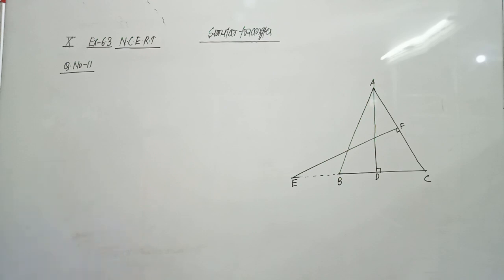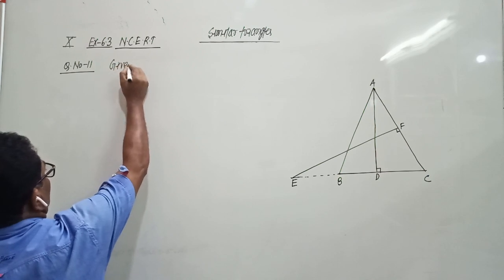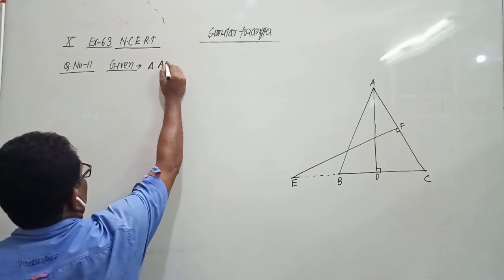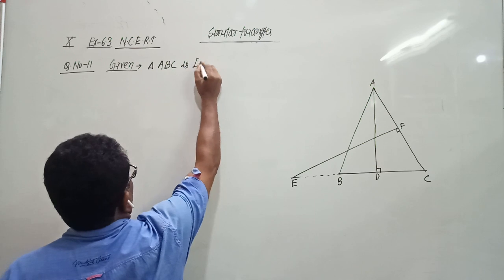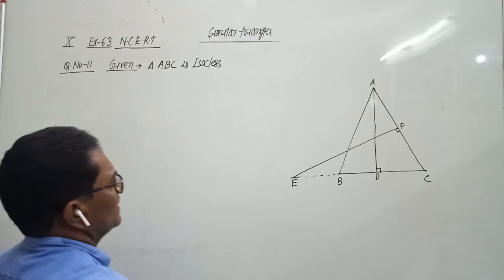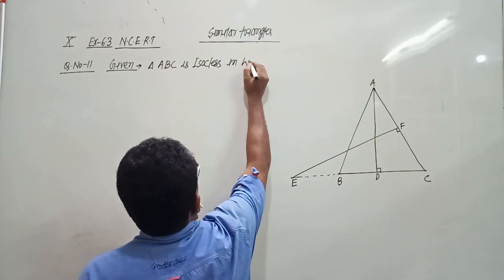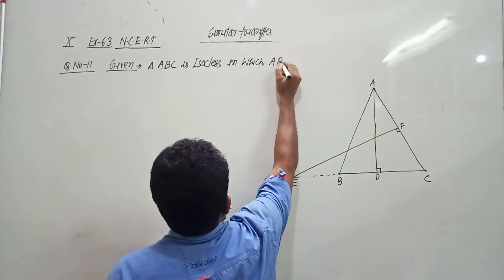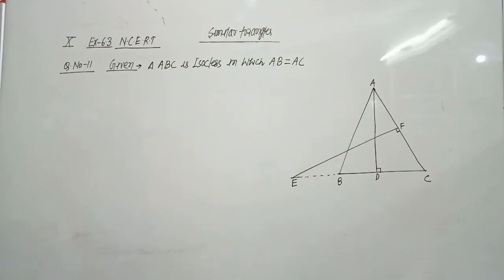So we have given triangle ABC is isosceles, in which side AB equals AC.